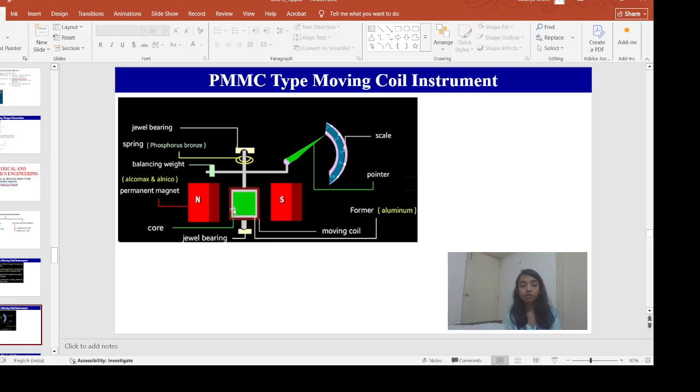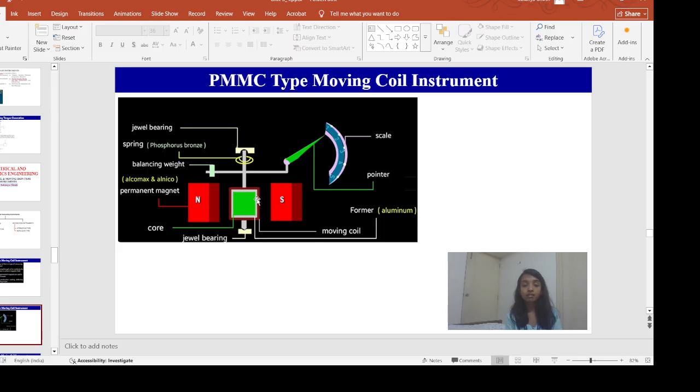On this rectangular former the moving coil is wound, and it is placed between the permanent magnet. This permanent magnet generates the constant field. Here we have the north pole, and here we have the south pole. This permanent magnet is made of alcomax and alnico material.